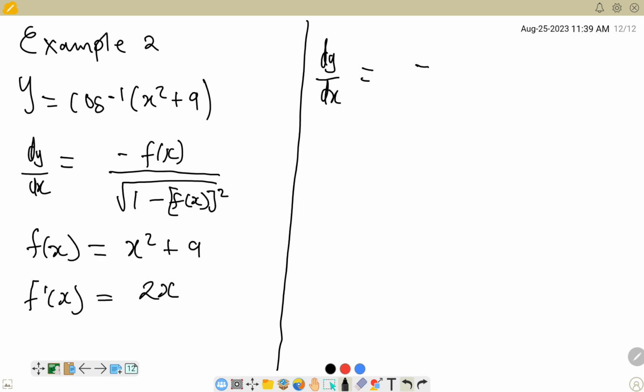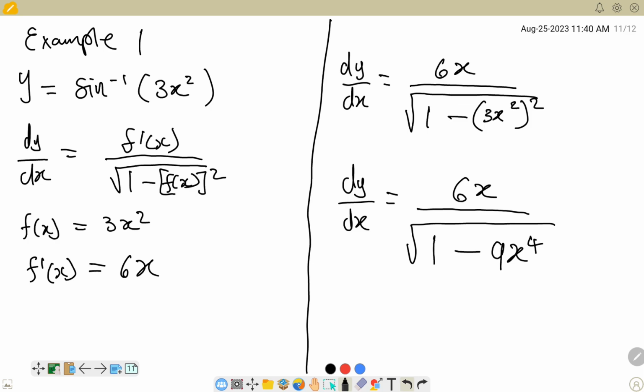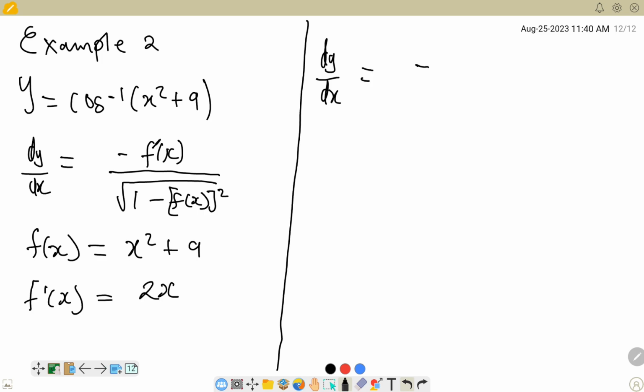The negative is there on the formula, and our f prime x, let me check on the previous if I wrote it correctly. Yes, on the previous example I wrote it correctly. So that's f prime x. Our f prime x is 2x all over the square root of 1 minus my f of x, this time around x squared plus 9, all squared.